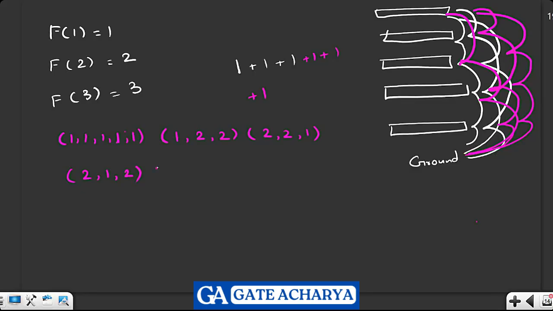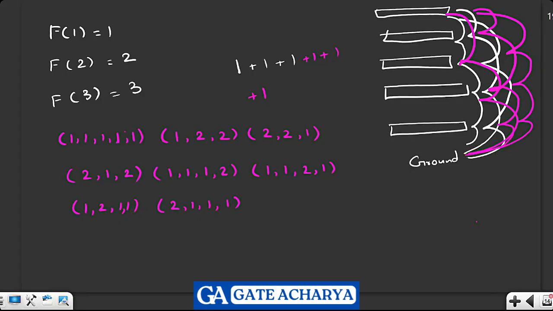Then one, one, one, and then two. One, one, two, one. One, two, one, one. How to understand: when you add all these values, you should get five. So two, one, one, one.